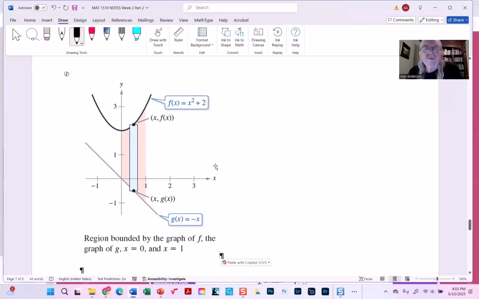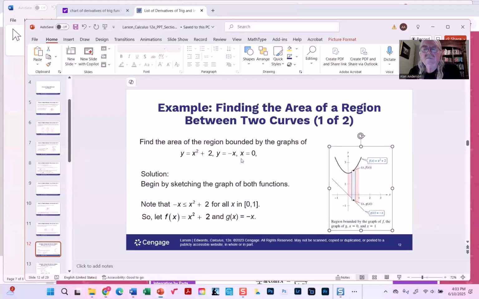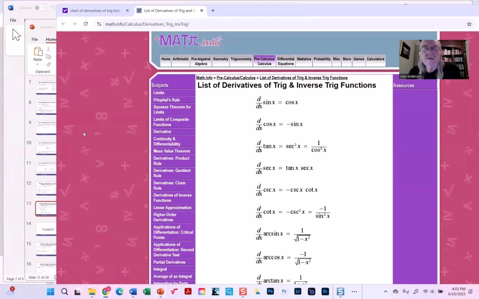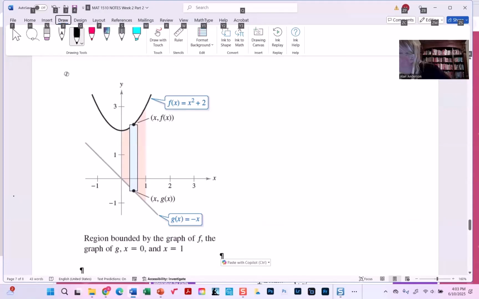All right, so what are we going to do with all this? So we get the region bounded by the graph f of x, g of x over the interval 0 to 1. So we're going to combine all of this, and we're going to take the integral based on what we've just seen over the interval from 0 to 1.